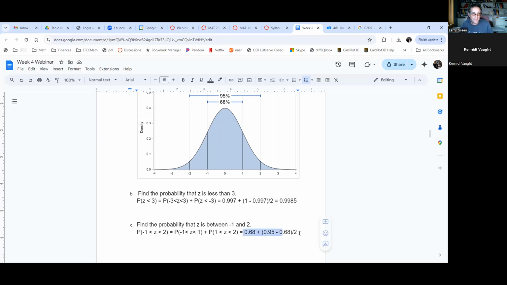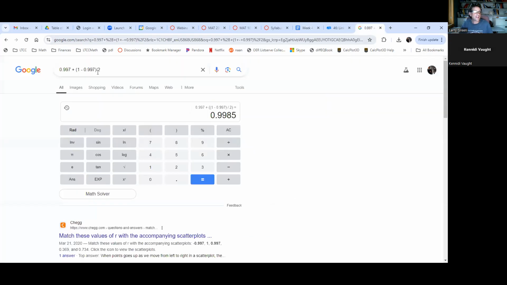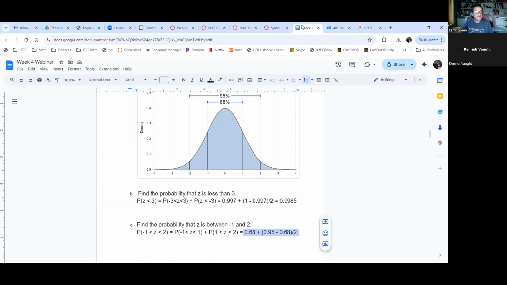Okay, then, very simple. I just stick it in the calculator. And I get point. Did I get that right? I think I copied the wrong one. Let's do one more time.